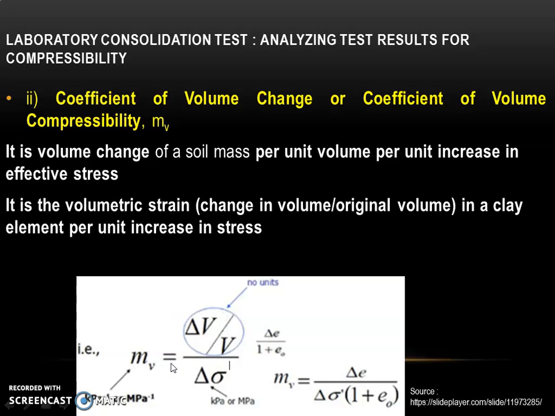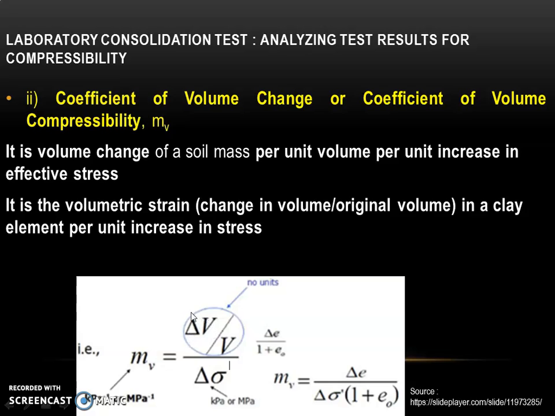That is, it is the ratio of volumetric strain, which is nothing but change in volume, that is delta V, divided by original volume, that is V, divided by increase in effective stress, that is delta sigma V dash.